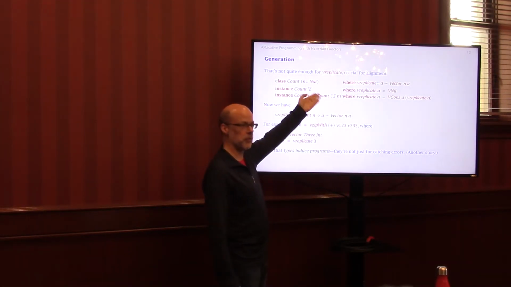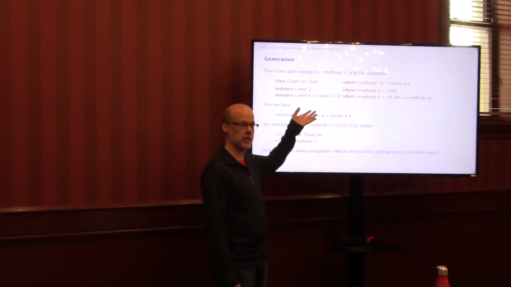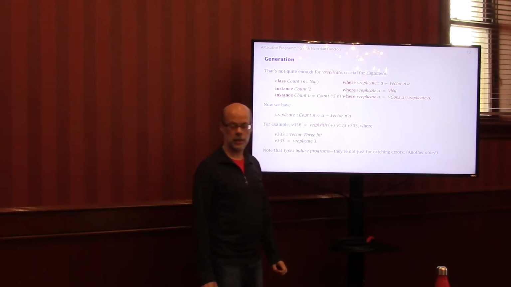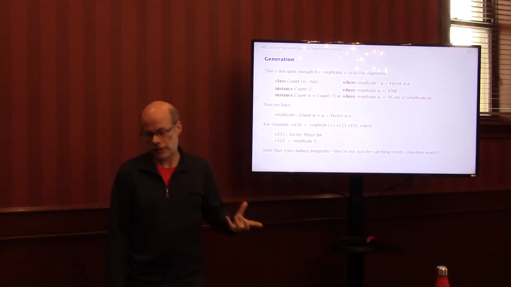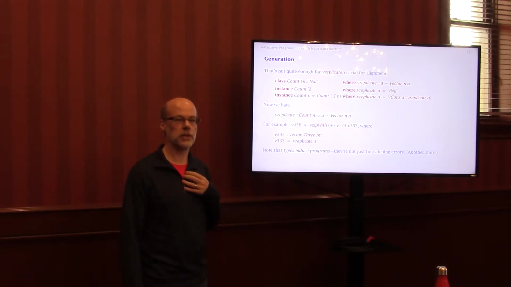So this says, in fact, that all types of kind Nat are suitable count types. I can't actually express that in Haskell. This is an open definition of which ones are countable. But the Haskell type checker is not sophisticated enough to work out that this means all nats are.